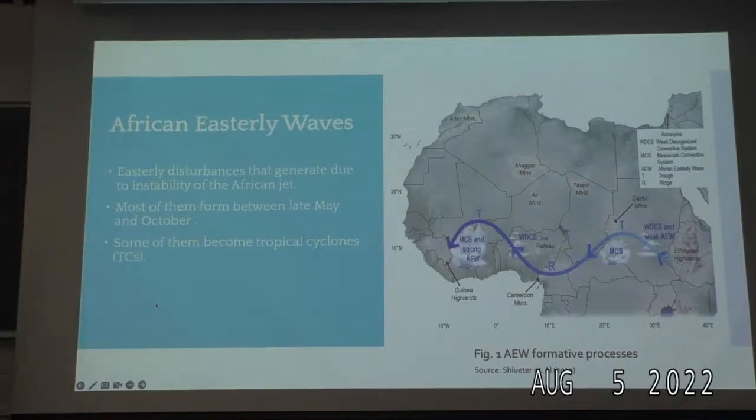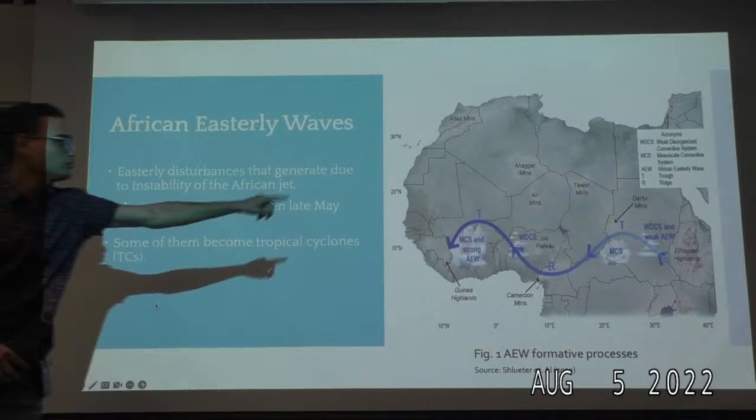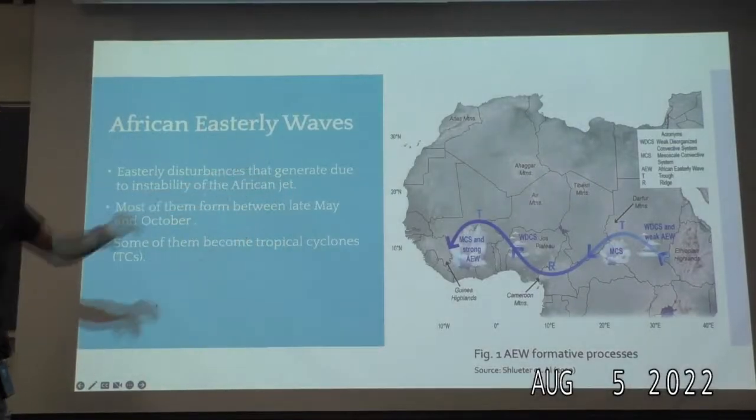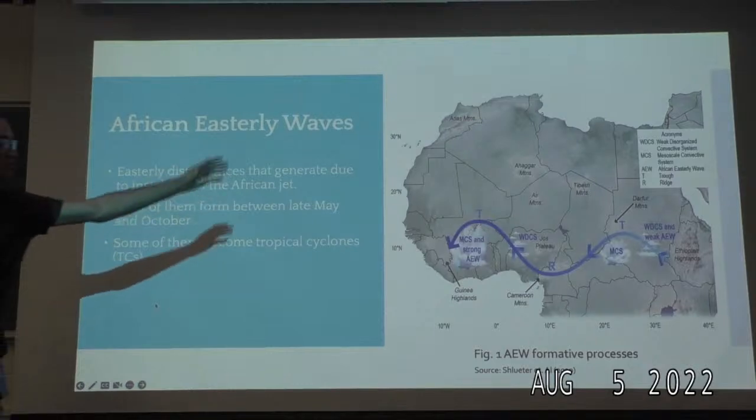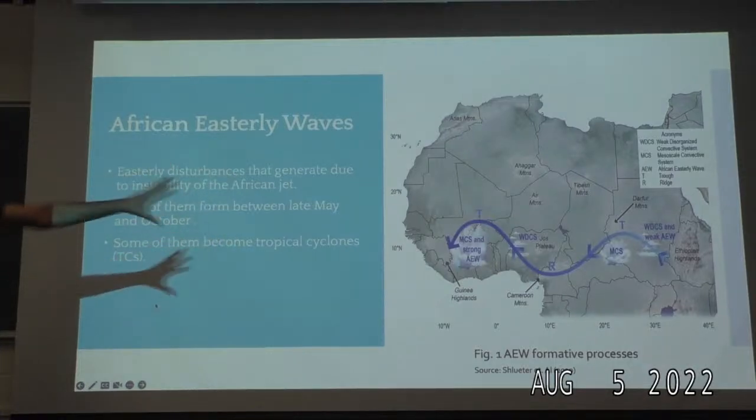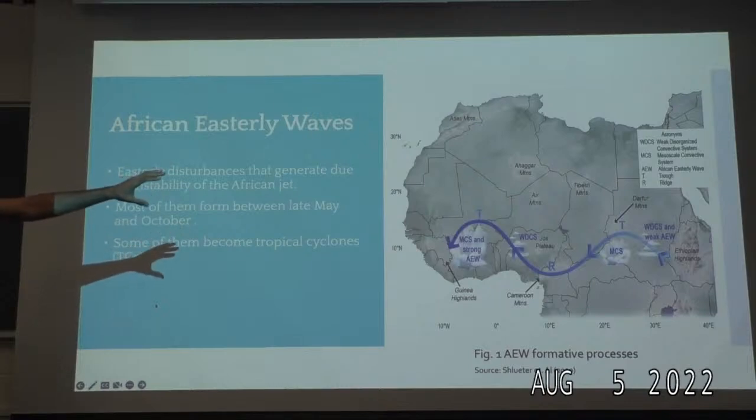Getting more in depth on what an African easterly wave is, these are waves that are a cluster of mesoscale convective systems that organize and generate due to the African easterly jet, represented with the blue arrow, and you can see how it has a low pressure trough area. The MCSs form, with shallow convection there, and as they approach the western coast of Africa they become stronger, depending on the strength of the African jet.